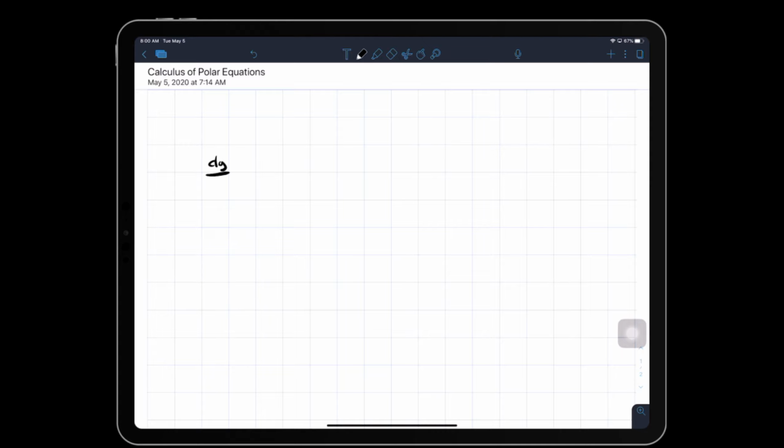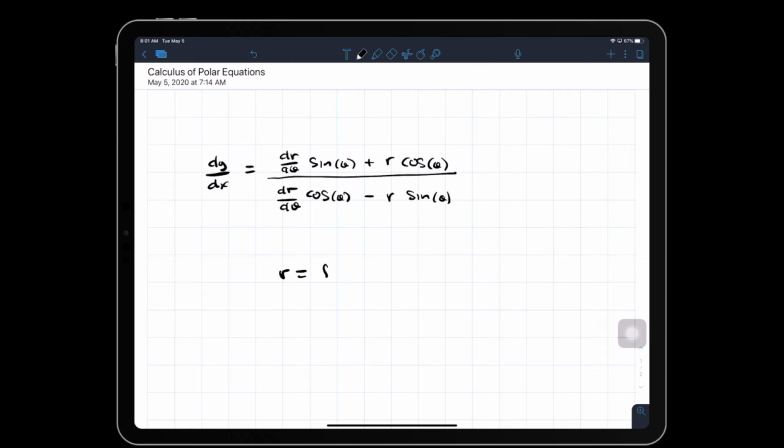That dy dx will be dr d theta now, sine theta plus r cosine theta, everything over dr d theta cosine theta minus r sine theta. Now here's what you're always going to use. r is going to be that function of theta here. So this is what they're going to give us here.